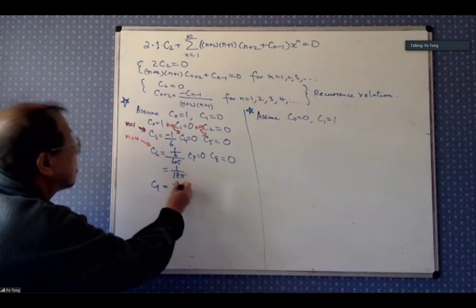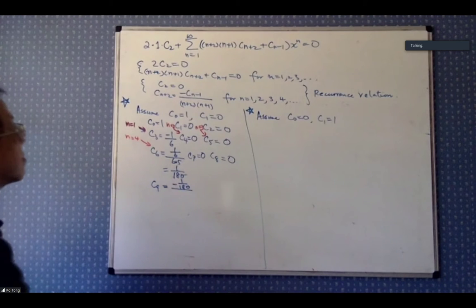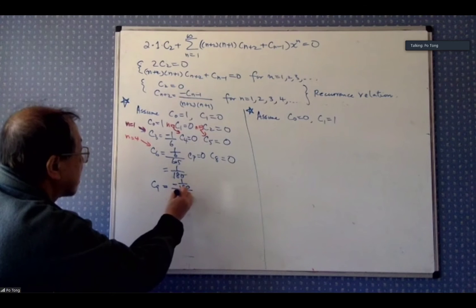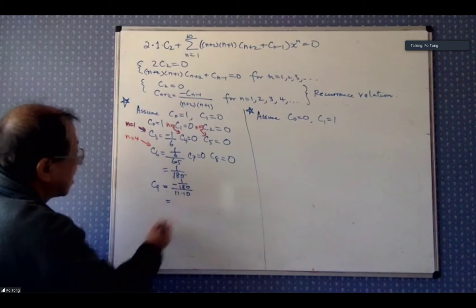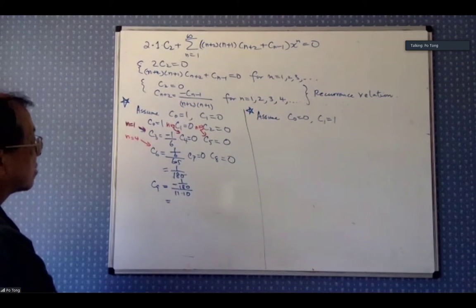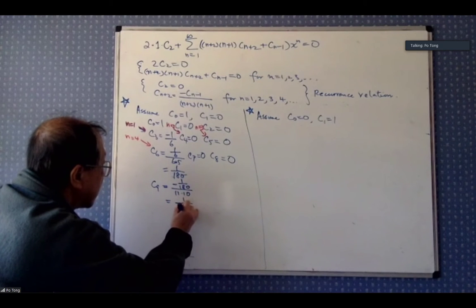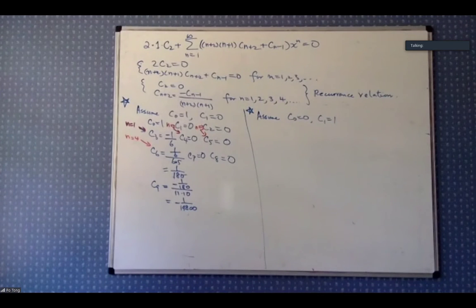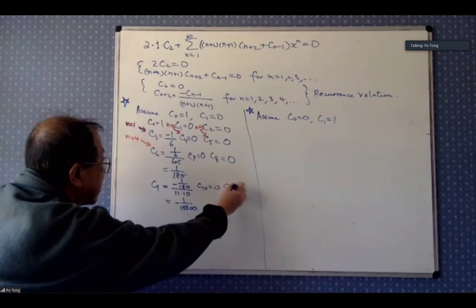So it will be negative 180 over 11 times 10, which will be negative 19800. And you can keep going. C10 is 0, C11 is 0.